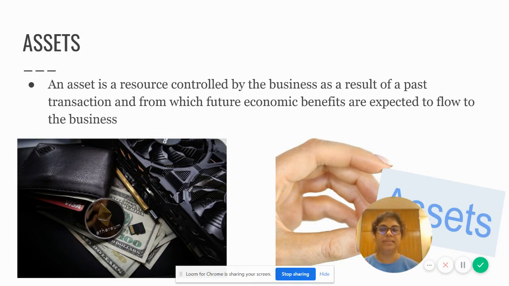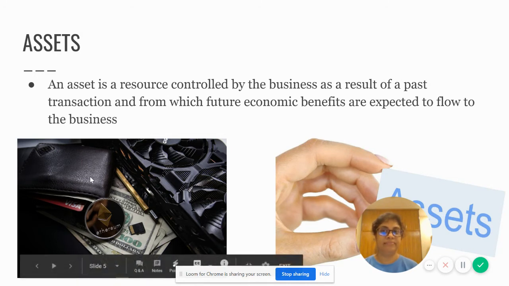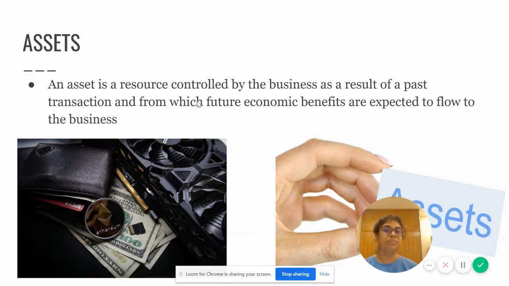So, the definition of an asset: an asset is a resource controlled by the business as a result of a past transaction and from which future economic benefits are expected to flow to the business. Assets means all the resources which are controlled by the business itself, and all these assets have arisen as a result of a past transaction, a transaction which you have performed already.